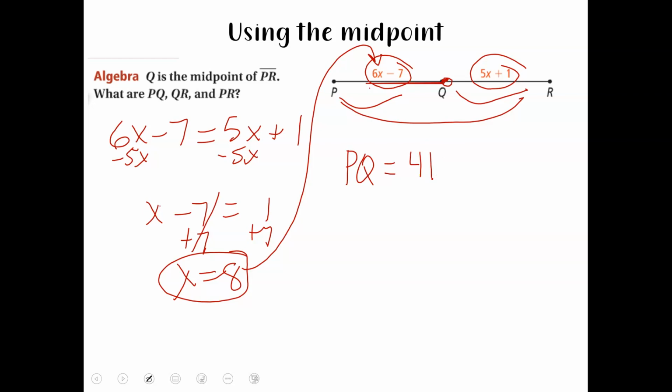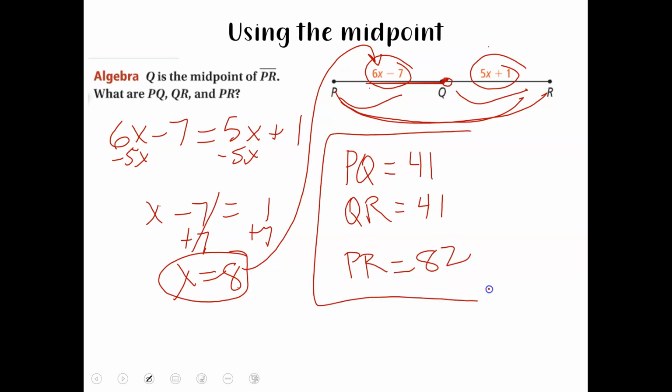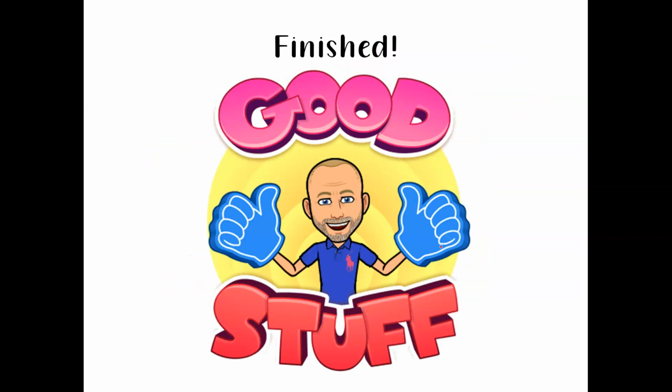To figure out what QR is, you could put 8 in place of x, but you already know that QR is going to be the same length as PQ, so QR is also 41, and that means the whole thing would be 41 plus 41, or 82. And that's it. So that's how you find line segment measurements and figure out the length of each segment using algebra.